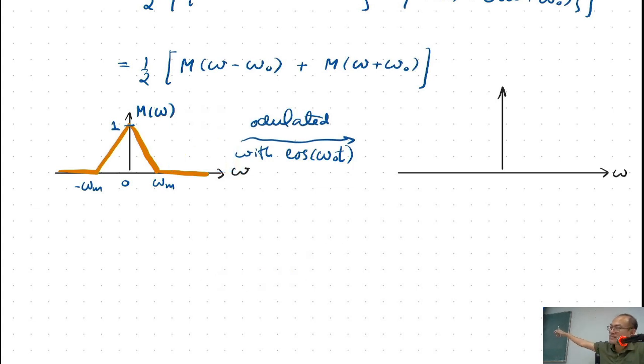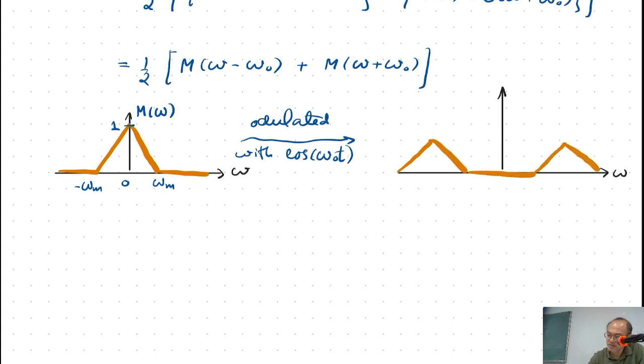Because if I resize the whole thing, then the horizontal will be resized, which I don't want. So when you do the modulation, the resultant signal will be half the height of the original spectrum, but moved to the left and moved to the right.